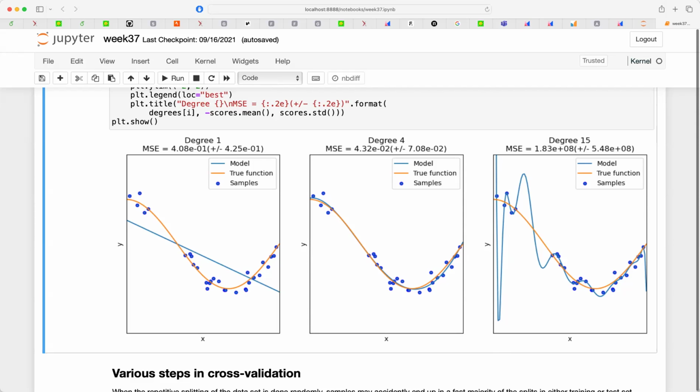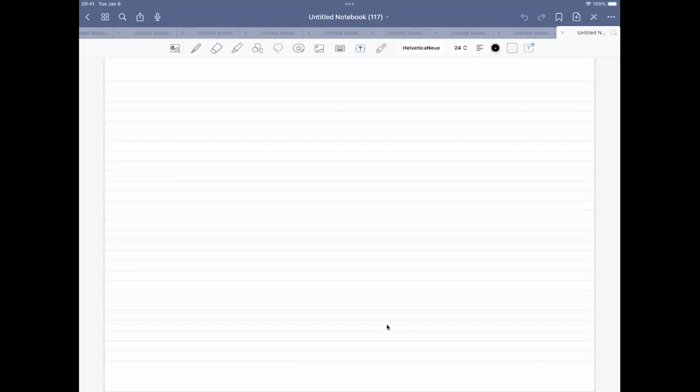So let's move over to the whiteboard here. One of the things which we're going to do with these resampling techniques is actually to calculate the mean squared error after we've done the training on test data.